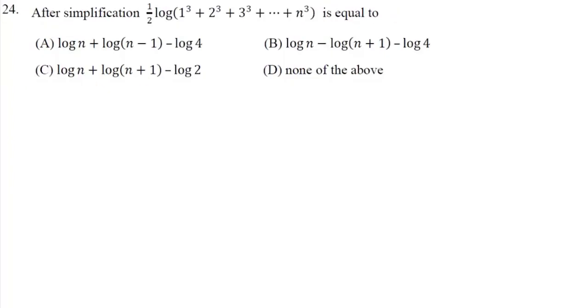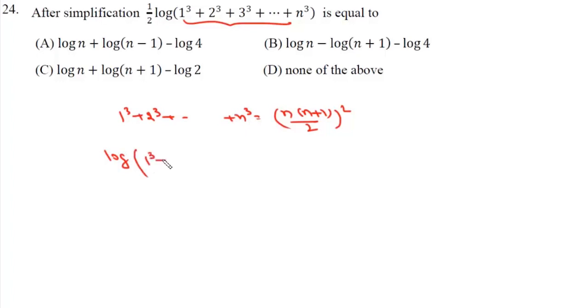Now here the question is, we need to simplify this expression. Now we know that 1 cube plus 2 cube up to n cube is nothing but n into n plus 1 by 2 whole square. Now if we take log both sides, we can write log of 1 cube plus 2 cube plus up to n cube will be 2 log n plus log n plus 1 minus log 2.